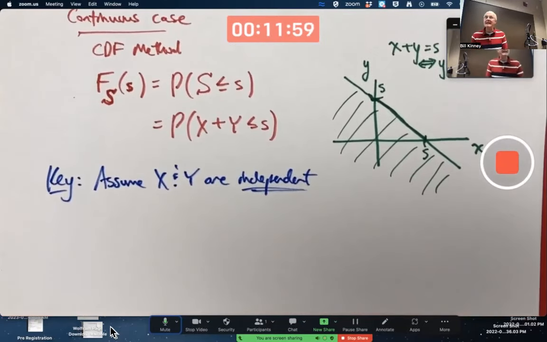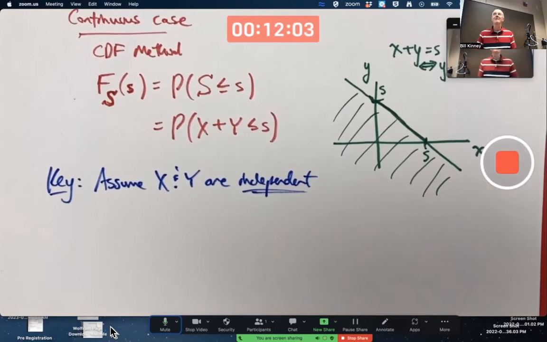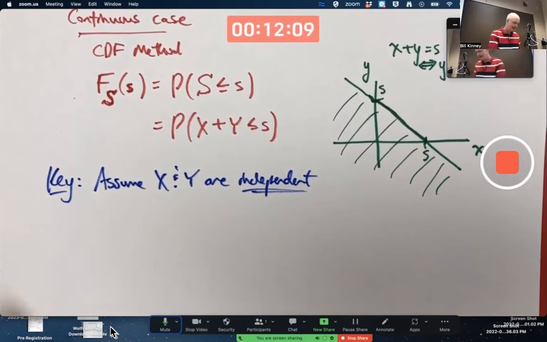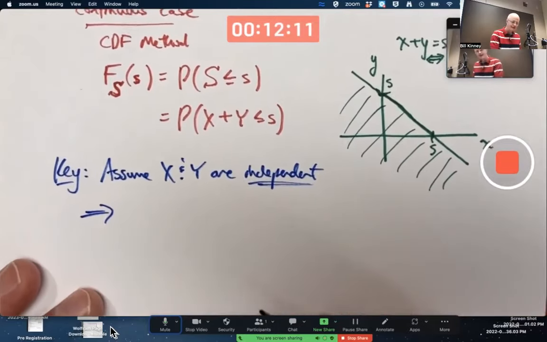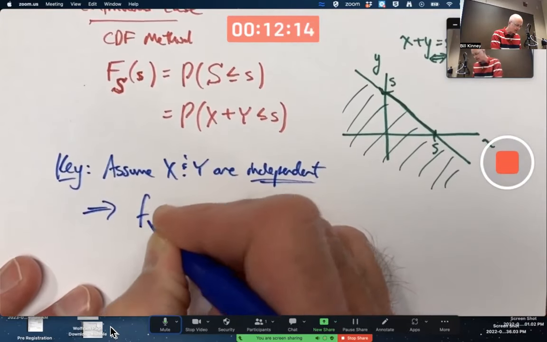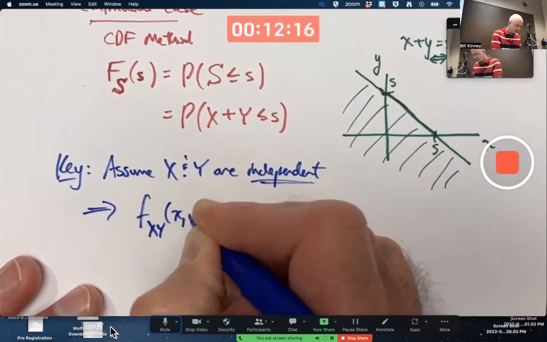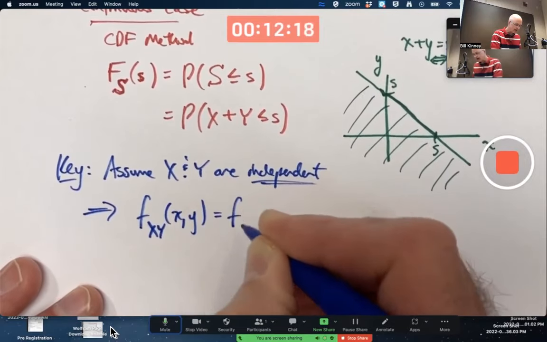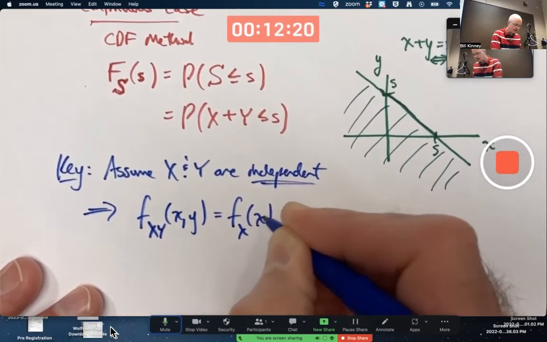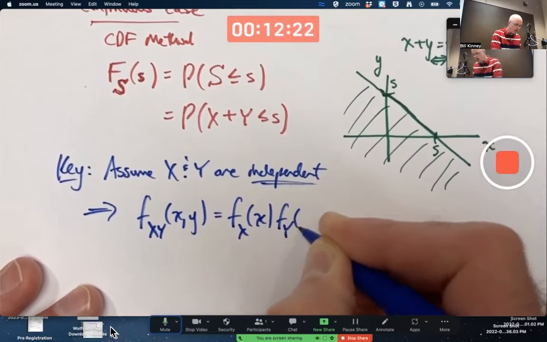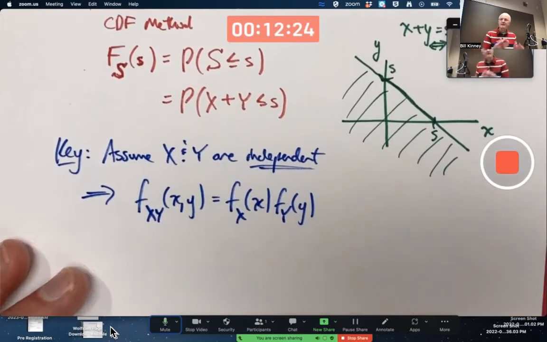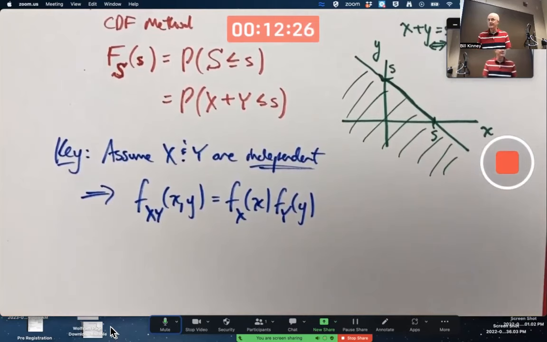It makes the joint PDF trivial to find. And the marginal PDFs will be correct. Why? Because it implies the joint PDF is going to be the product of the marginal PDFs. And if you know the PDFs of x and y to begin with, what this means is you just multiply them to find the joint PDF.